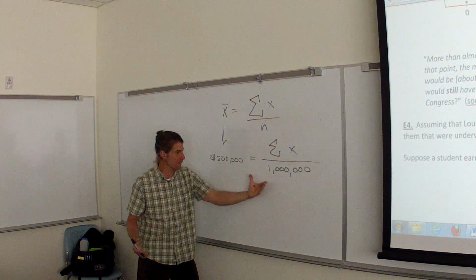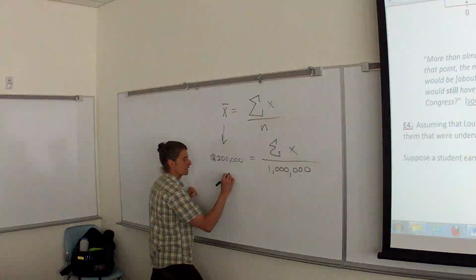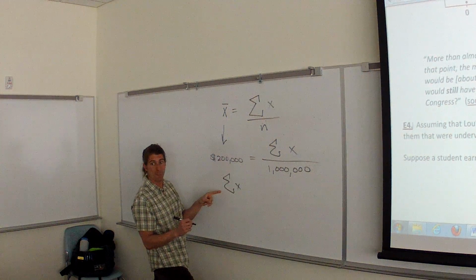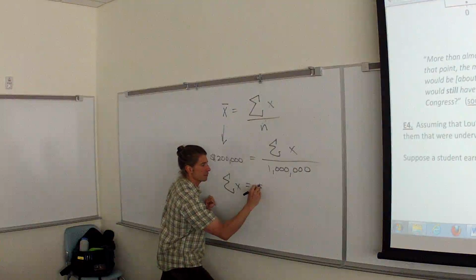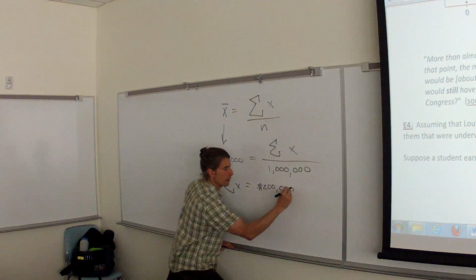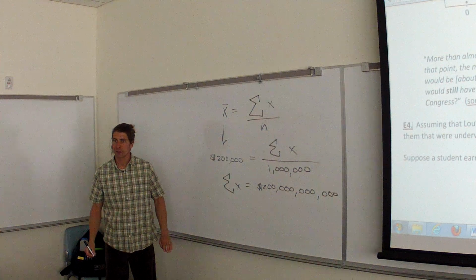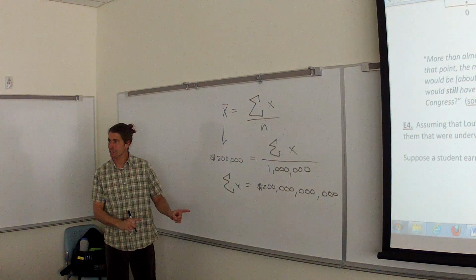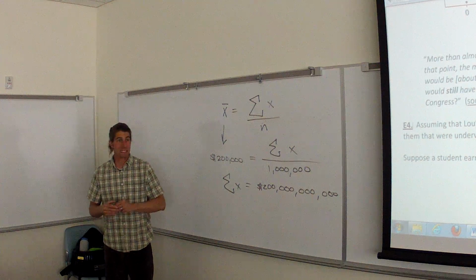Multiply by 1,000,000, you multiply this by 10 to the 6th, adding 6 zeros to it, so you end up with the summation of x, we'll come back to that momentarily, is 200,000 times 1,000,000, so what's that going to be? And what is that? That's $200 billion, isn't it? There's $200 billion. Which represents what?